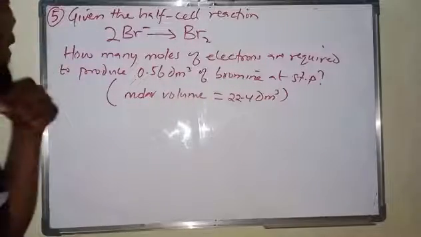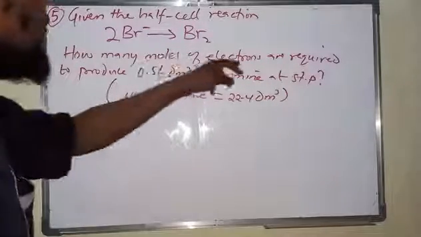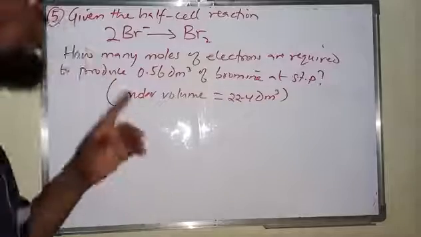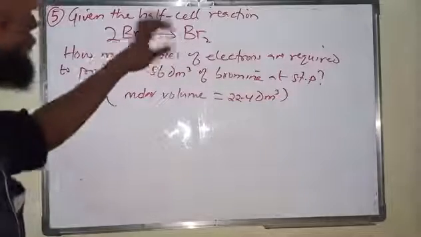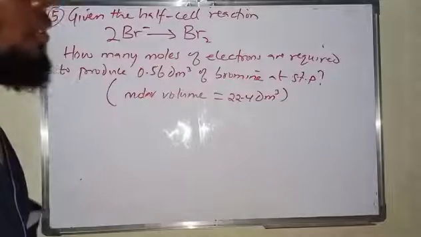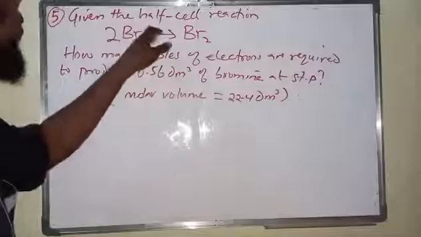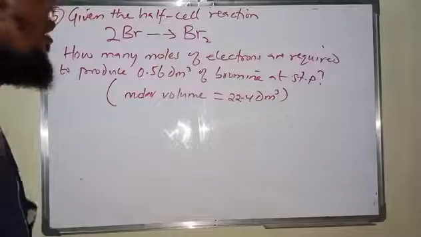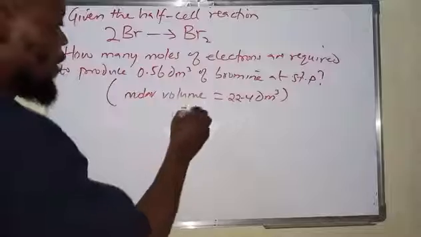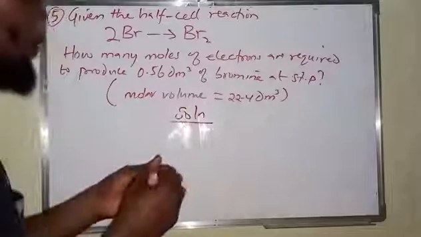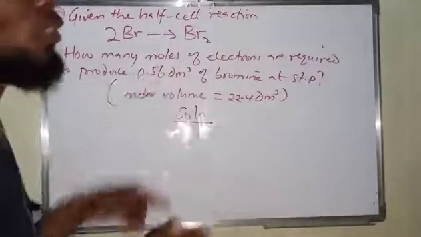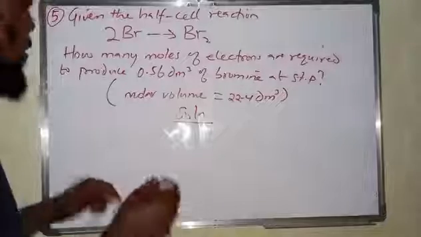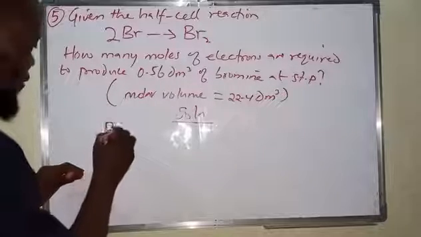So we have to determine how many moles of electrons we need, because this is not a complete equation. For it to be a complete ionic equation, we have to indicate the electrons lost or gained. For bromine to be formed from bromide in the solution, it has to be like this.